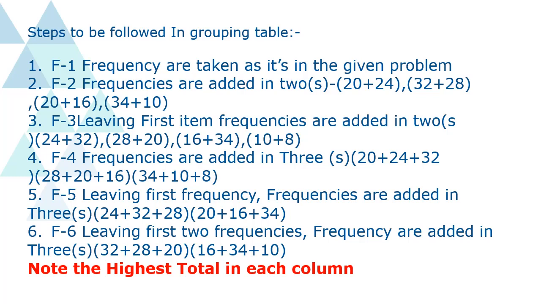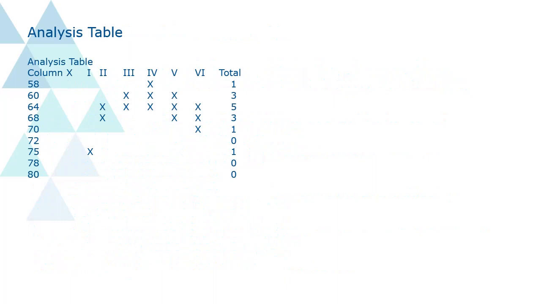After arriving at 6 steps, at the end of the sixth step, we have to note down the highest total in each column. After grouping of the table, the second table that we are going to prepare under the grouping method is the analysis table.